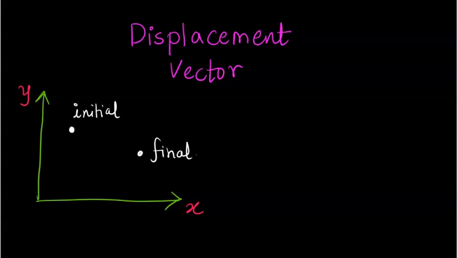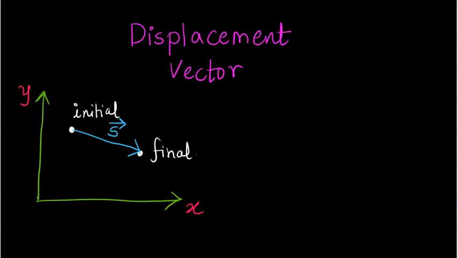What the displacement vector tells us is that the vector which starts from the initial position and ends at the final position. So this vector denoted by s bar over here is a displacement vector.